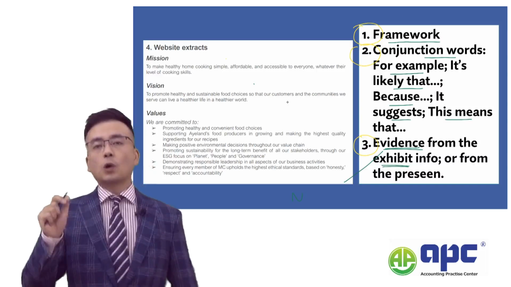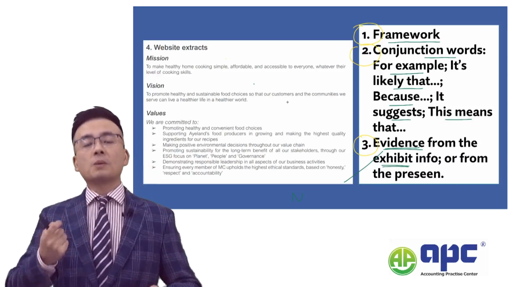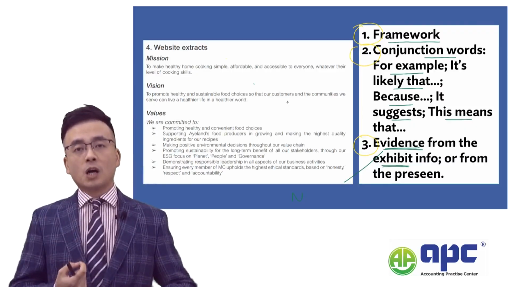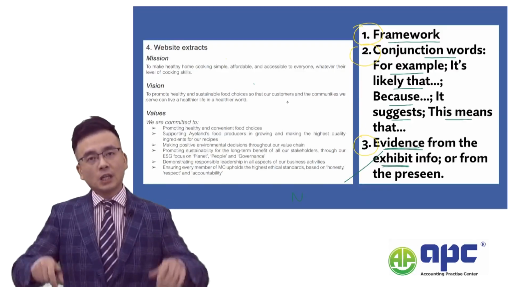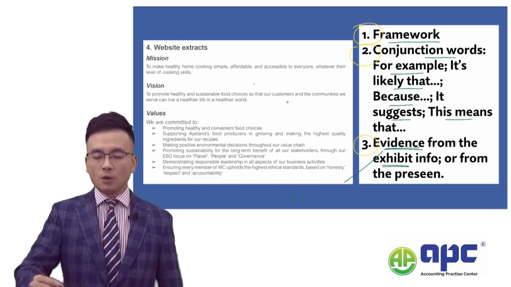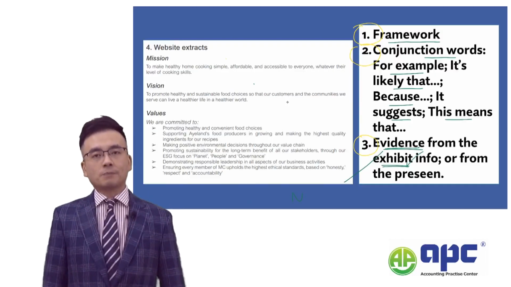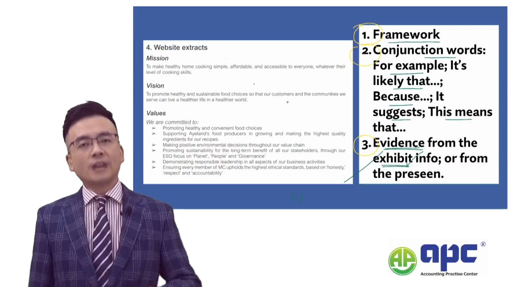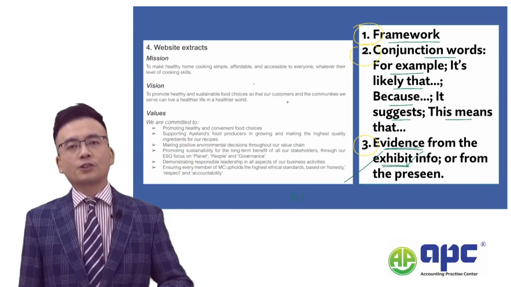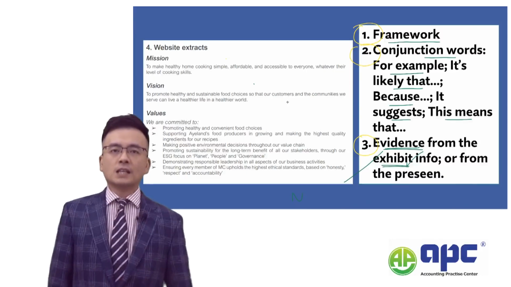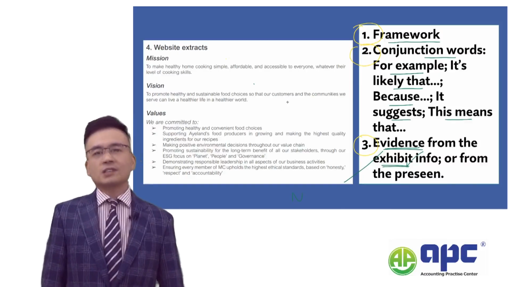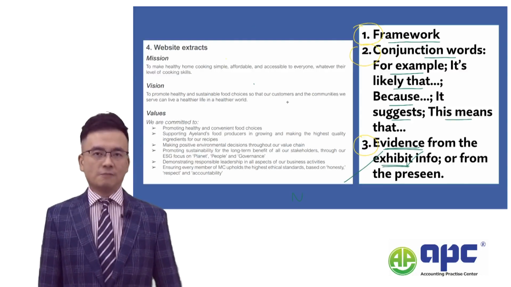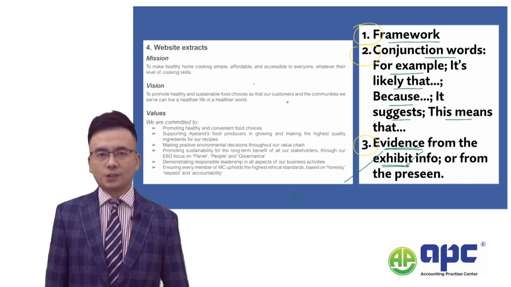Because if you slot these words, it will automatically force you to come up with reasonable arguments and try your best to combine your thoughts with the exhibit information on the exam day. But some students may say that when they were practicing the past exam questions, they may find that the exhibit information or the unseen information on the exam day may not contain enough information for you to relate your answer to.